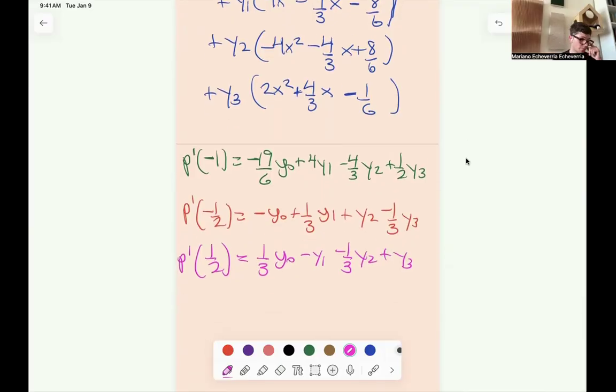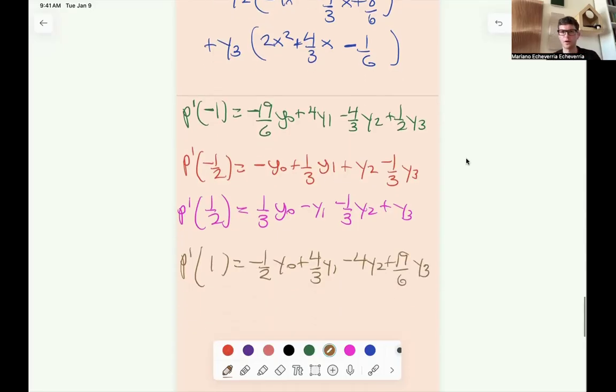And the last one, at 1, you get -1/2 of y0 plus 4/3 of y1 minus 4 of y2 plus 19 over 6 y3.